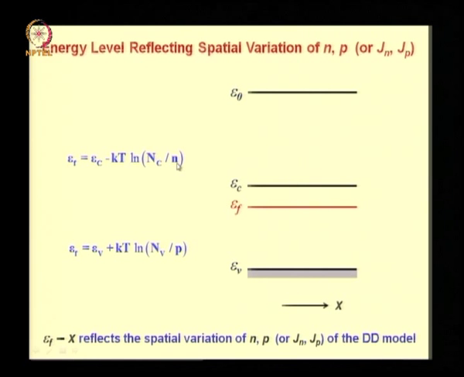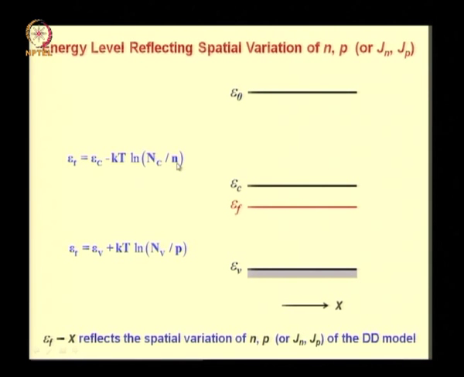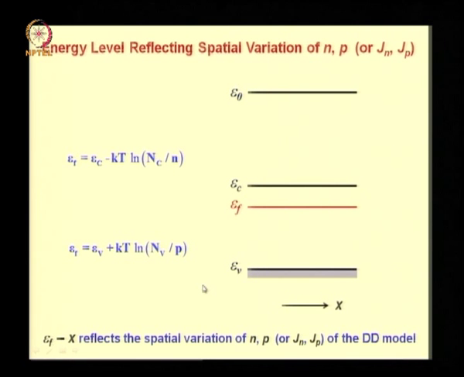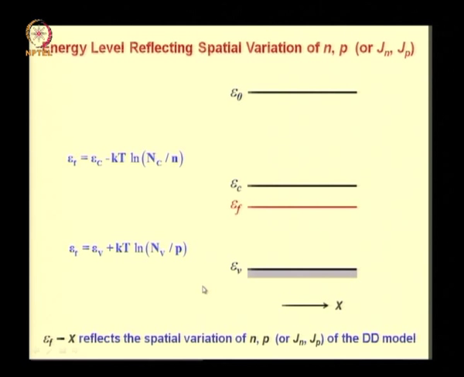Under equilibrium, normally the symbol for electron concentration is N suffix 0, and for hole concentration it is P suffix 0. So these are the two relations which connect the electron and hole concentrations to EF. Note that the same EF is representing both electrons and holes, because this is the situation of equilibrium.